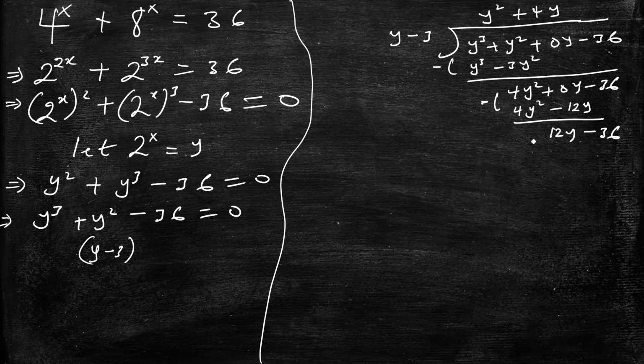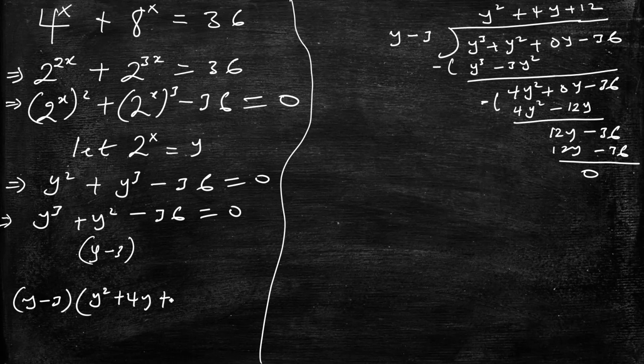So y into this is 12, plus 12 to have 12y minus 36 equal to 0. So we have our first factor times what is here: y squared plus 4y plus 12 equals 0.